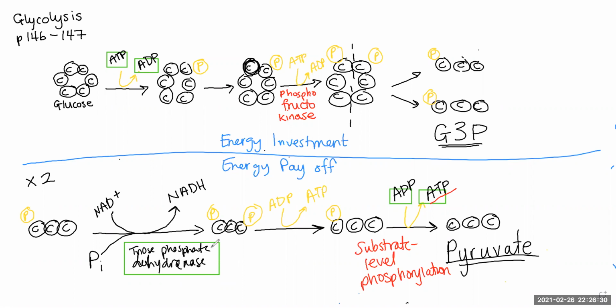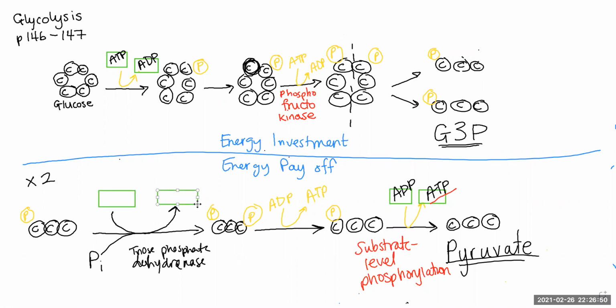Or I might not give you this as your blank. I might give you that there's a triose phosphate dehydrogenase that catalyzes this reaction and ask you to tell me instead what would go up here at the arrows.